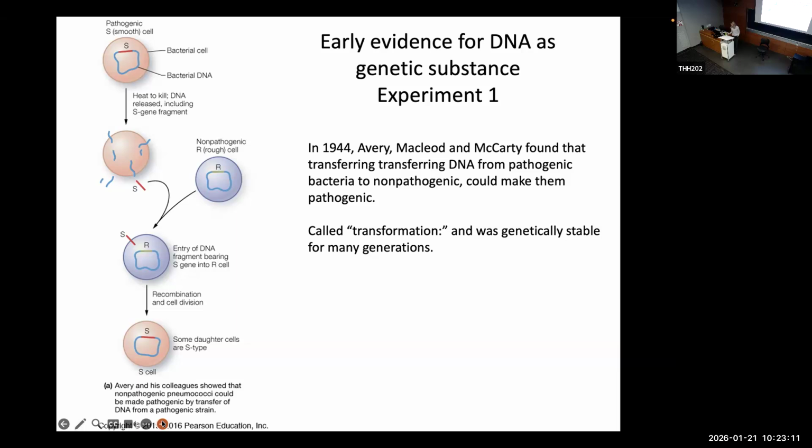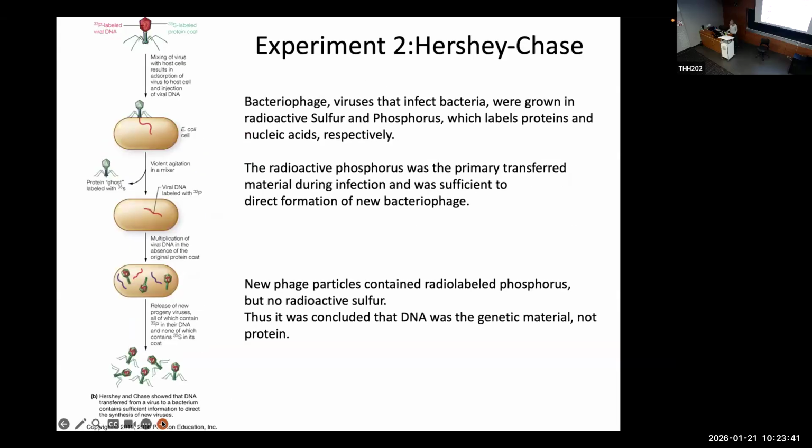So the concept here is that whatever was released from this host cell was able to survive heat, which most proteins cannot, and it was able to change the genetics of this cell and change its characteristics. So that was a set of experiments that indicated that it was likely DNA that encoded genetic characteristics.